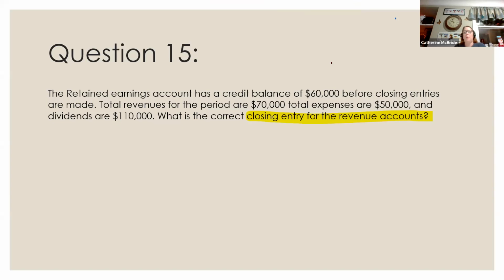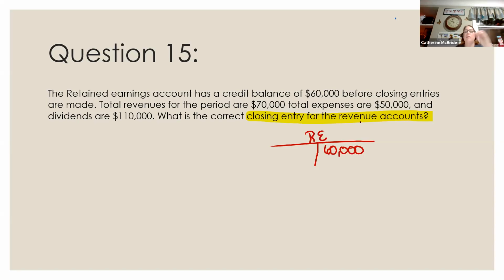Number 15, we want to do the closing entry for the revenue accounts. The retained earnings account has a credit balance of 60,000 before closing entries are made. Total revenues for the period are 70,000, total expenses are 50,000, and dividends are 110,000.